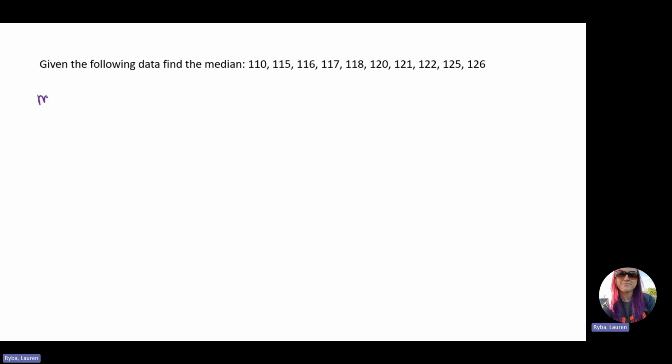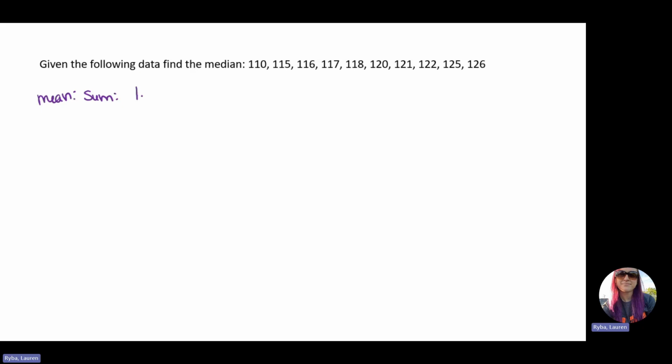If I want to find the mean, I'm going to first sum all of these values together. So I need to take all of them together: 110, 115, 116, 117, 118, 120, 121, 122, 125, 126.